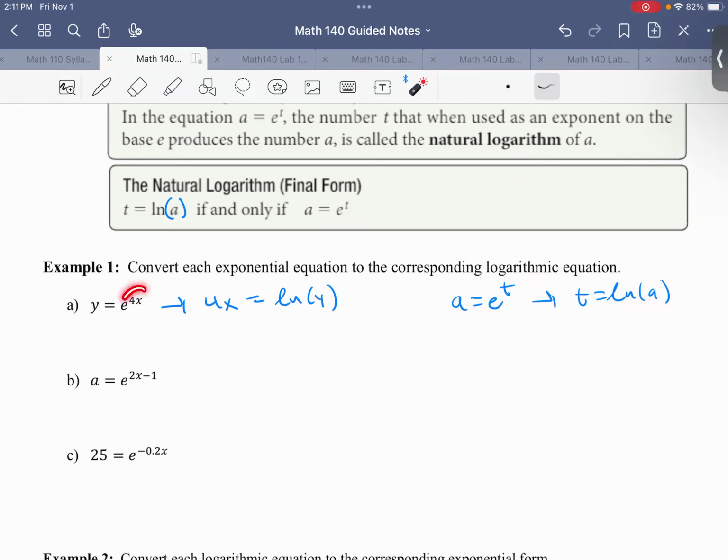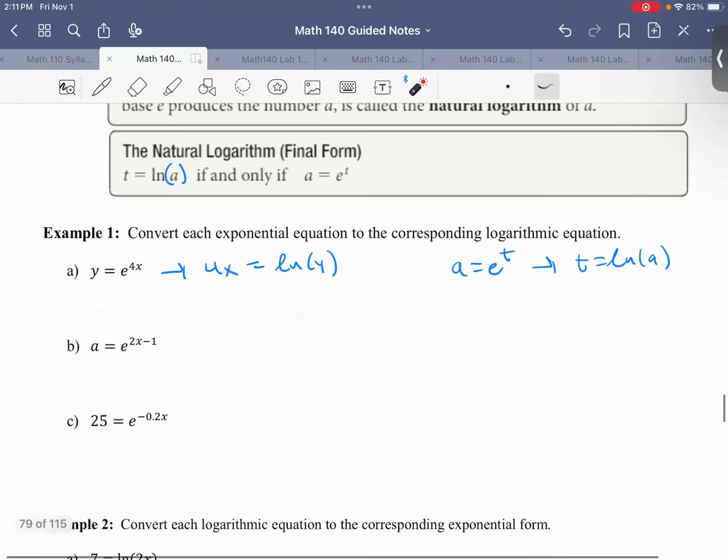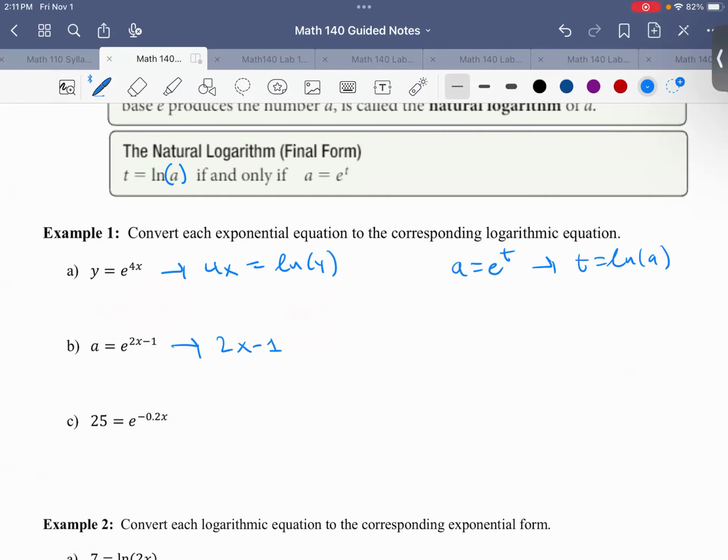Okay, same thing here. And our y goes inside the natural log. Okay, so let's go ahead and look at these next ones. So I want to rewrite this in the natural log. I'm going to have 2x minus 1 equals natural log of a.